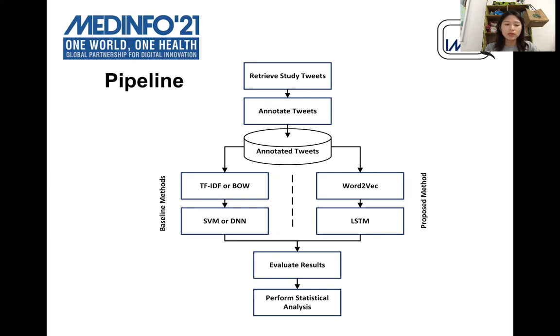This corpus was annotated and later used by both baseline methods and the proposed neural embedding approach. Classification performance of each method was collected and evaluated. Finally, statistical analysis was conducted to confirm the existence of any differences in classification performance between the baseline methods and the proposed method.